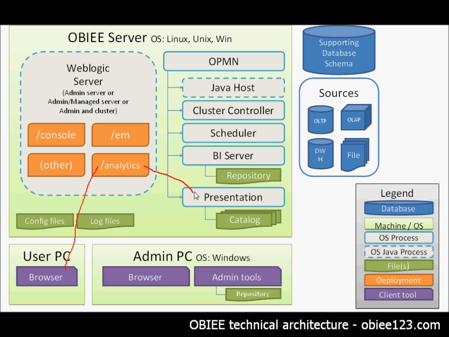In that case, the presentation server passes on the query to the BI server. The BI server generates an SQL statement based on the metadata in the repository, retrieves this from the correct source, and returns the results to the presentation server, which presents the results back to the end user.